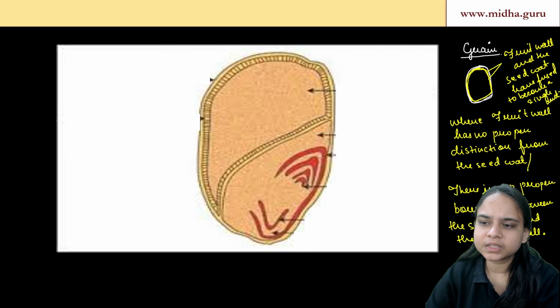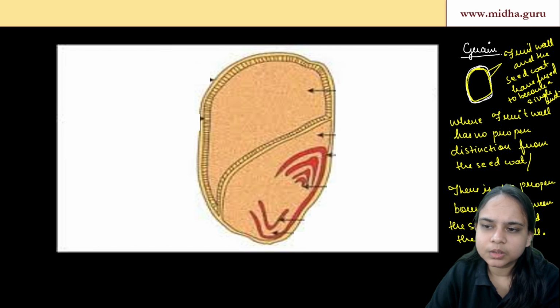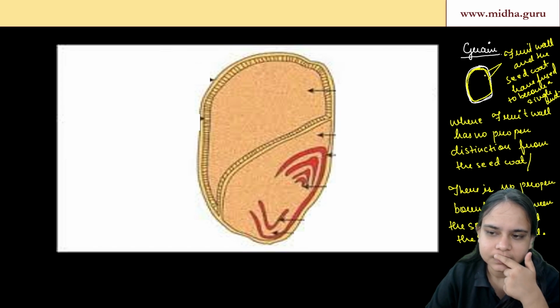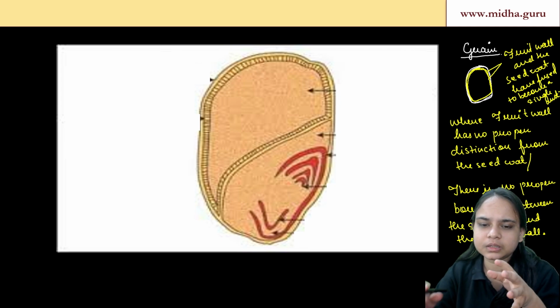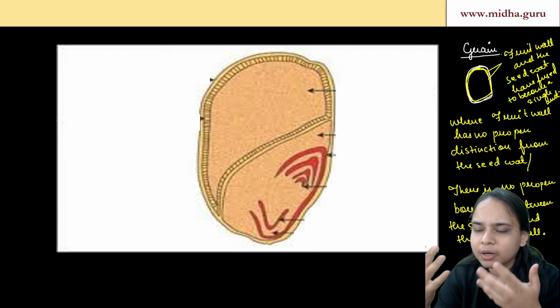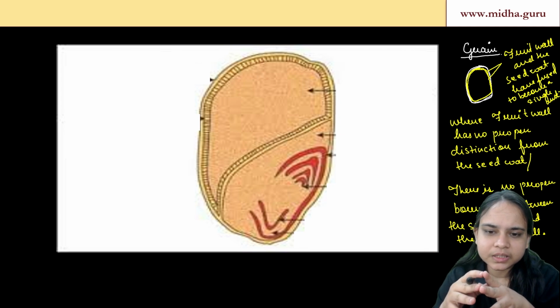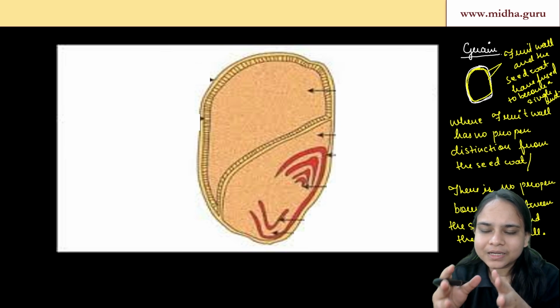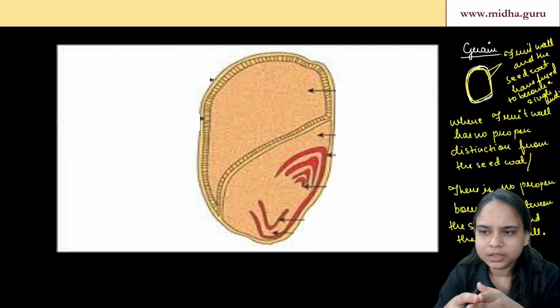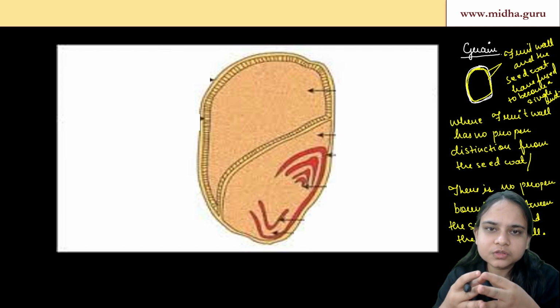What do we understand with the term single unit? It means there's no proper distinction between the fruit wall and the seed coat. They are fused together making a single unit. If we see from outside, there's no proper boundary, and we cannot identify properly whether the wall is a fruit wall or a seed coat. Okay, it has got fused with each other.